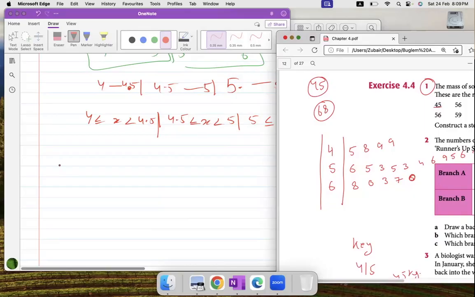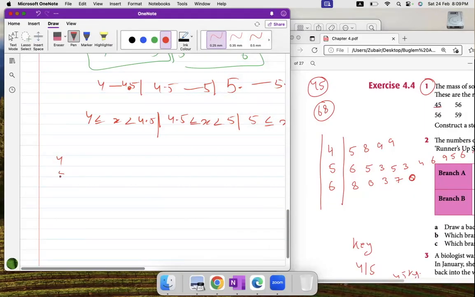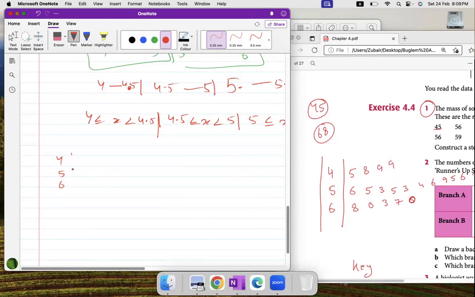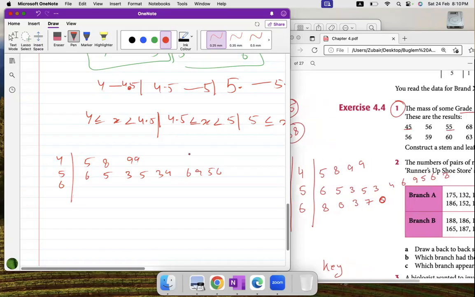Copying this down. 4, 5, 6. Quickly 5, 8, 9, 9. 6, 5, 3, 5, 3, 4, 6, 9, 5, 6. And that is 8. And in the last line, I have 8, 0, 3, 7, 0.